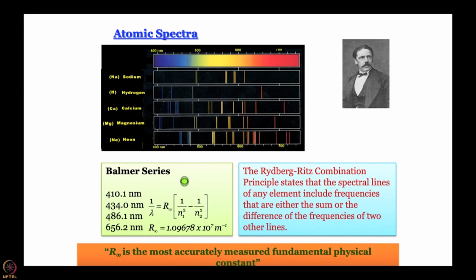The Balmer series was the one that was observed first, because as you see, the values 410 nanometer, 434 nanometer, 486 nanometer, 656 nanometer, are all in the visible region. So, they were observed by the eye, but then other lines were observed in other portions of the electromagnetic spectrum.